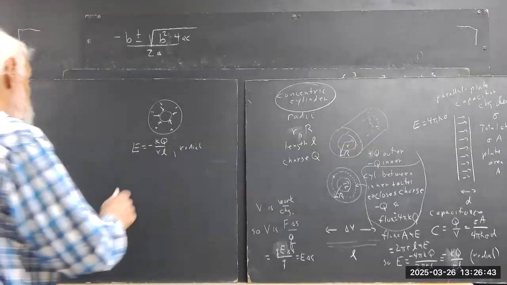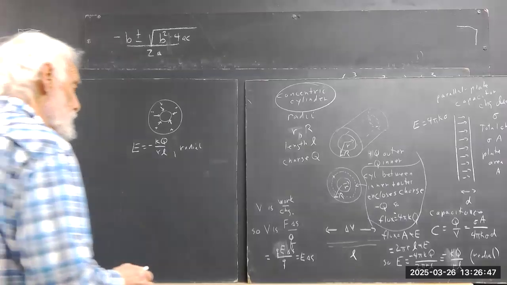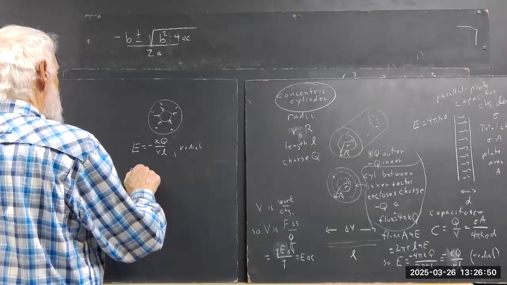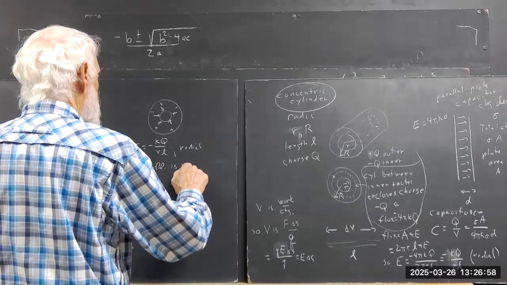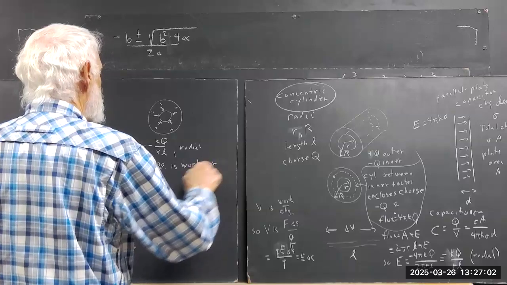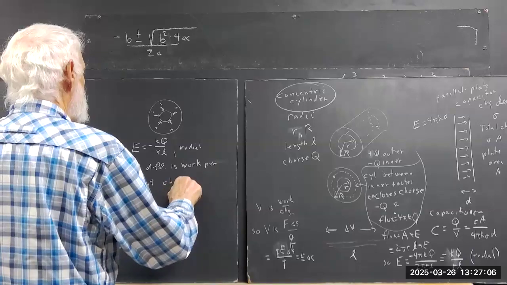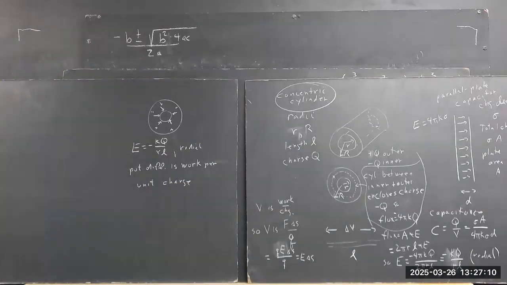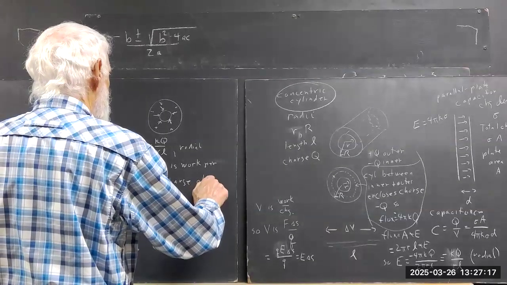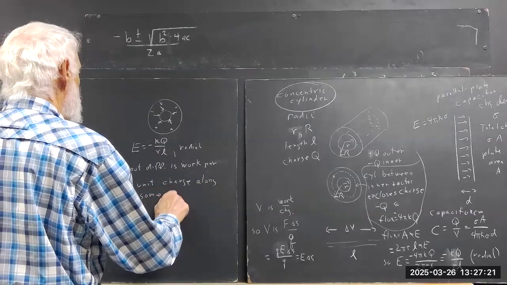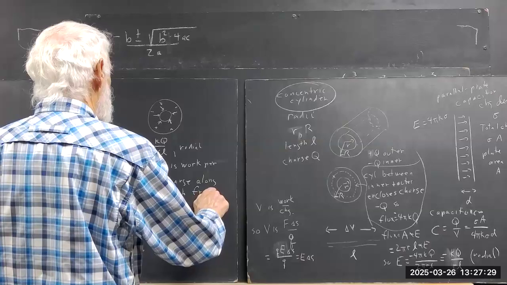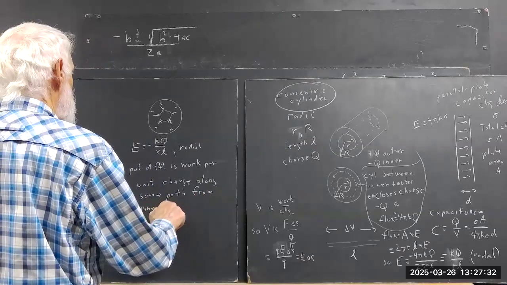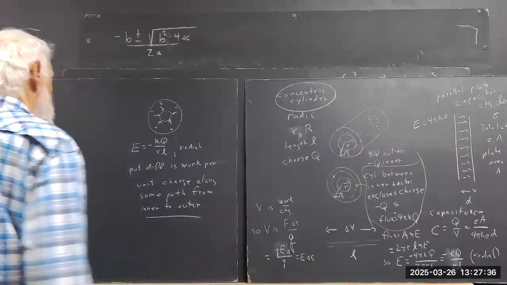So, we can think of, if we want to get the potential difference, some path to outer.